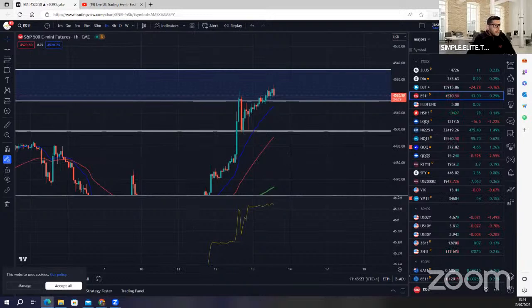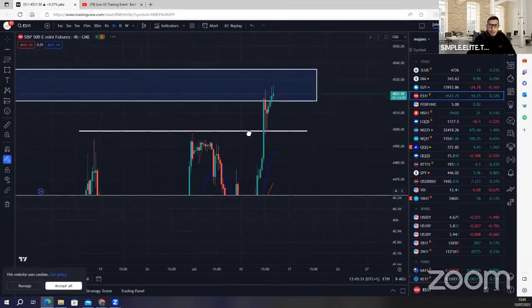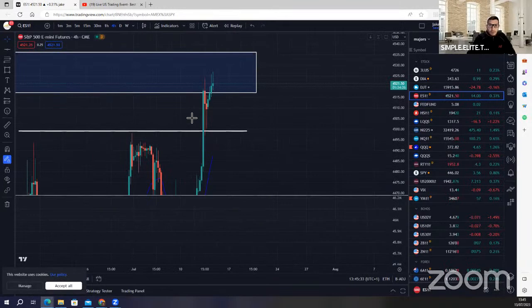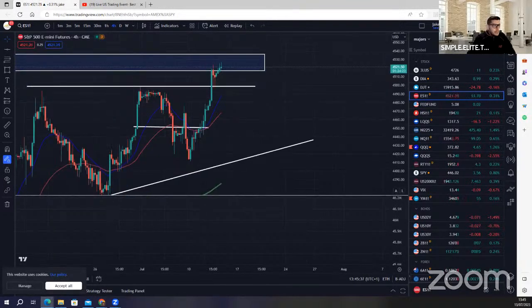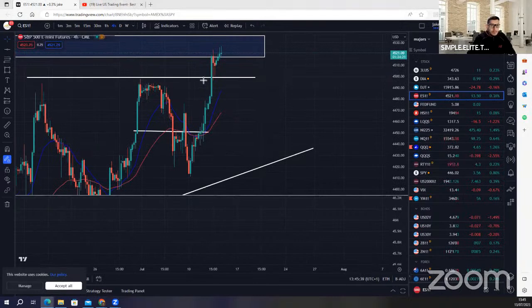So for me, I'm just waiting for the indices to maybe pull back, or otherwise if I see price doesn't hold this level here, 4,500, if it's going to go below, we are looking to be a short-term seller of indices.